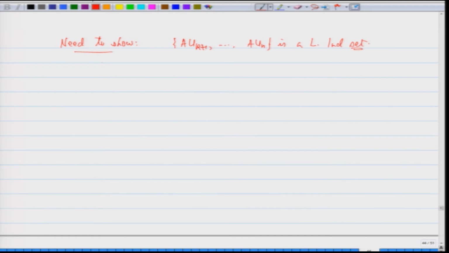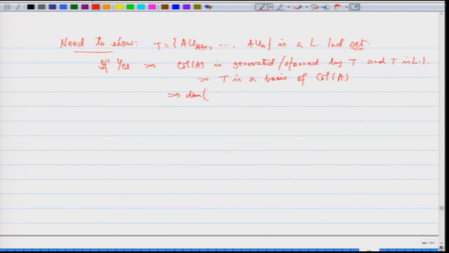If I can show that, this will imply that the column space of A is spanned by this set T, and T is linearly independent, which implies T is a basis of the column space of A. This will imply that the dimension of the column space of A is equal to the number of elements in T, which we just saw was n minus k.